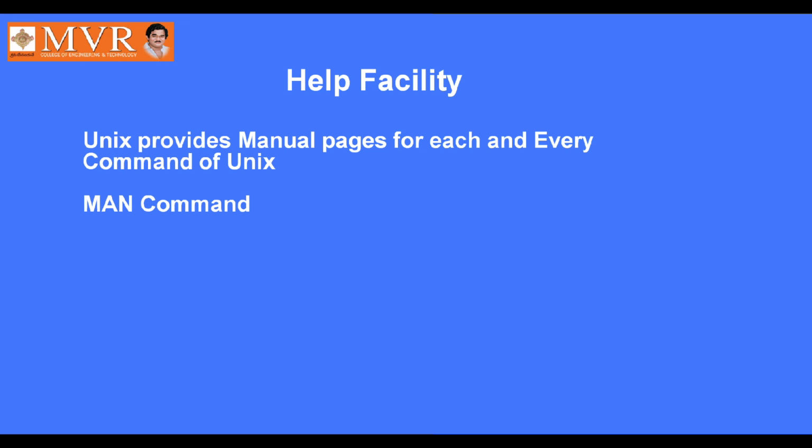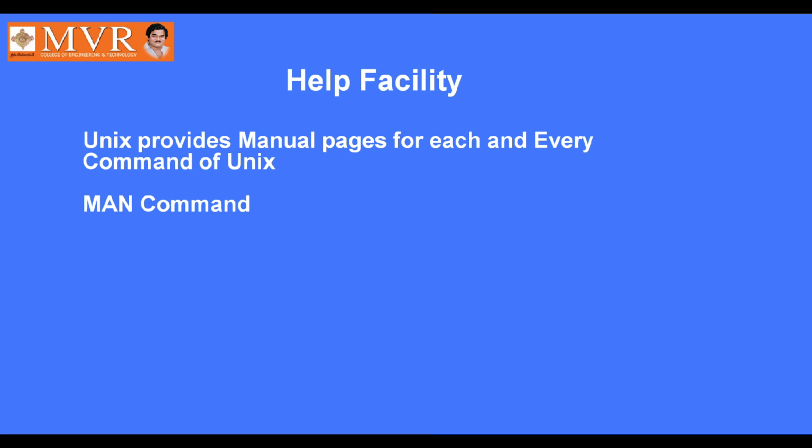Whenever you type man followed by a command, it displays the uses of the command, the syntax of the command, the options available with that command, and also how to use it. All of this will be displayed on the screen. So man is nothing but the manual of everything. This is the help we get in Unix.